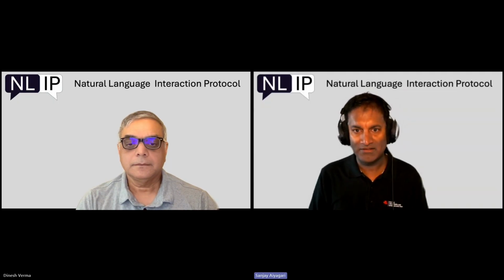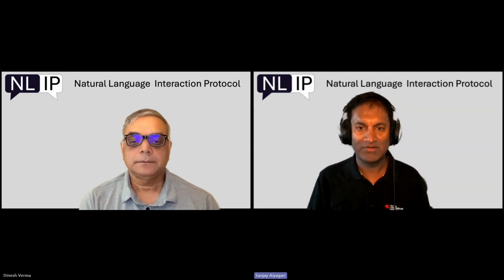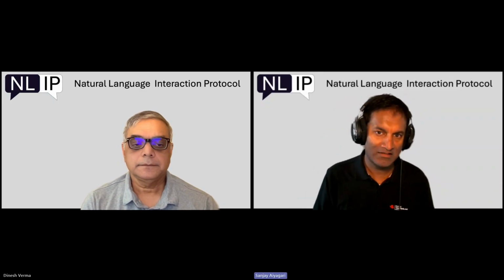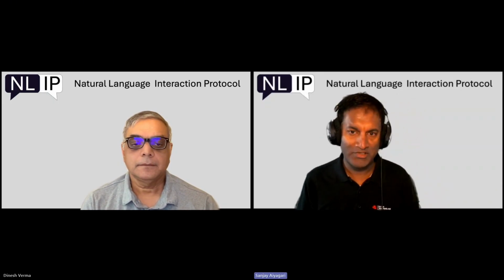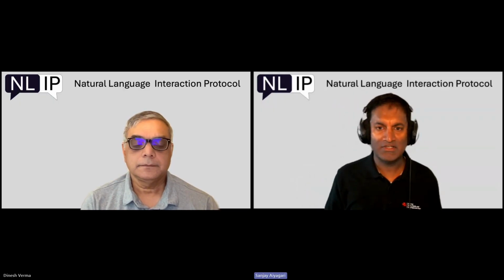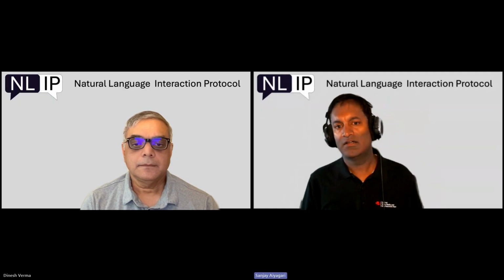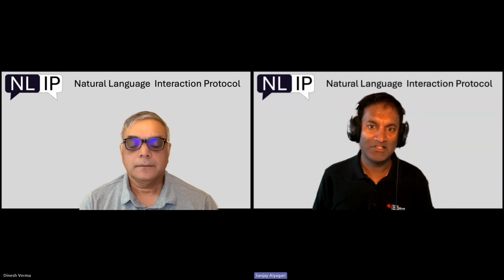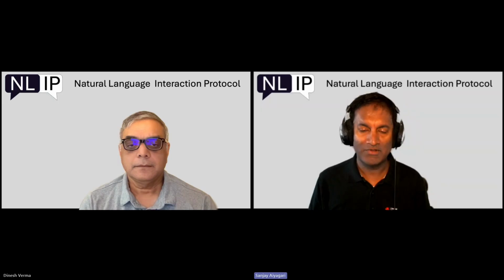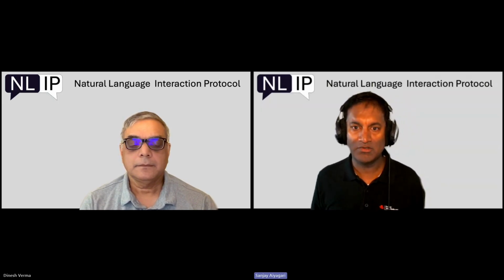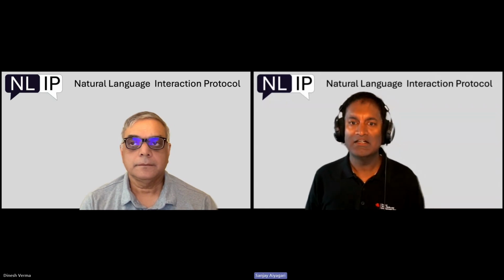We have a binding of NLIP to HTTP, we have a binding of NLIP to WebSockets, and we have a binding of NLIP to AMQP, which is ISO 19464. This allows NLIP to operate in many different types of environments. Obviously, HTTP is what, as we've talked about, is on the web, where you're interoperable with pretty much anything.